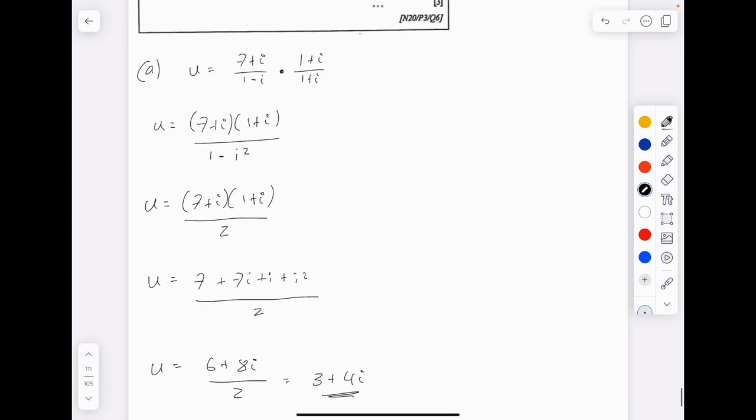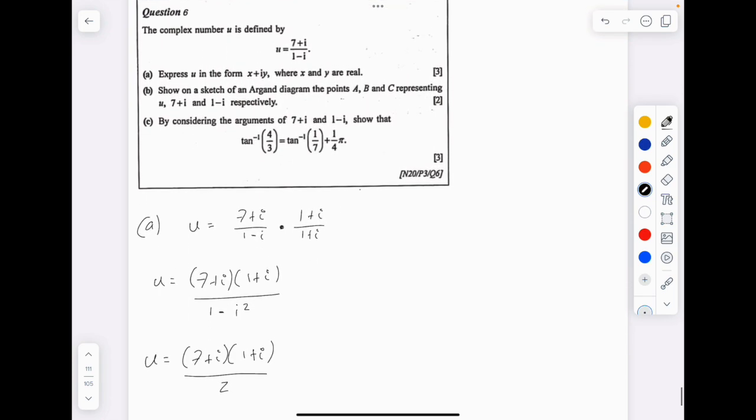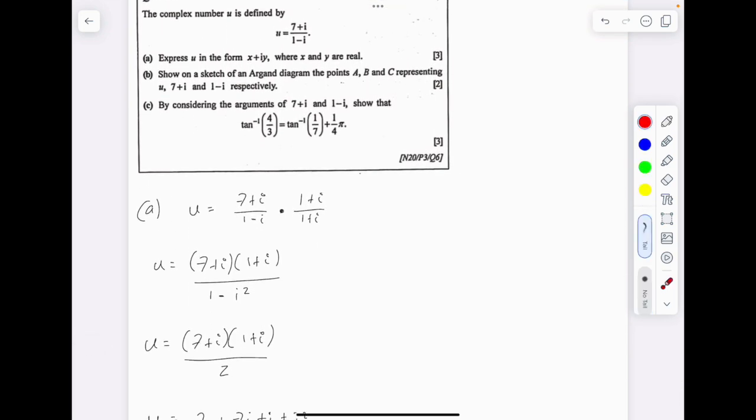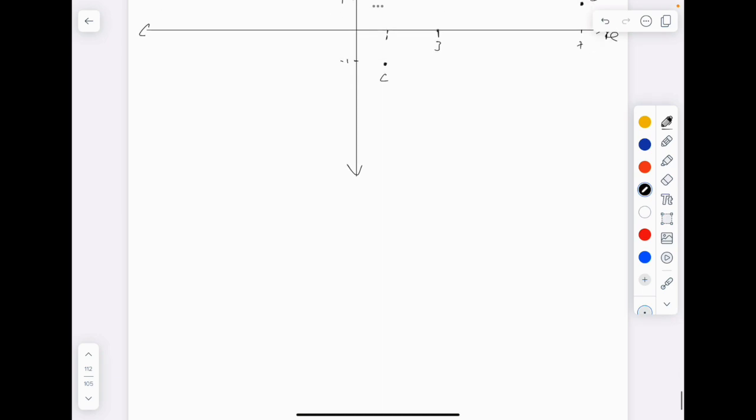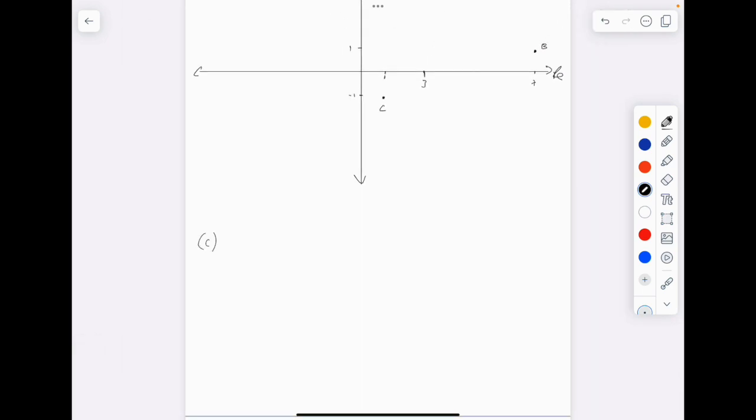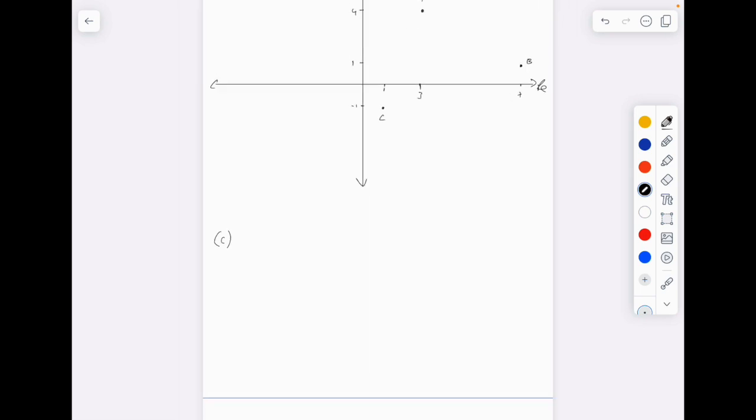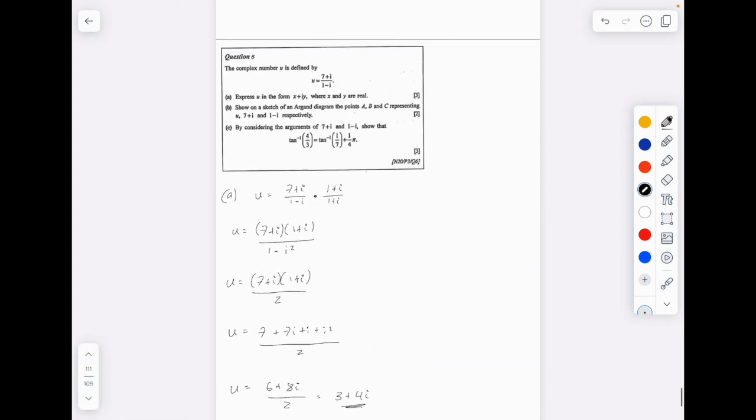Now what does it want us to do? Well, by considering the arguments of 7 plus i and 1 minus i, show that tan, right. So considering the arguments, something tells me we've got to find the arguments of these. So, let's see what we can do. So what was part A?